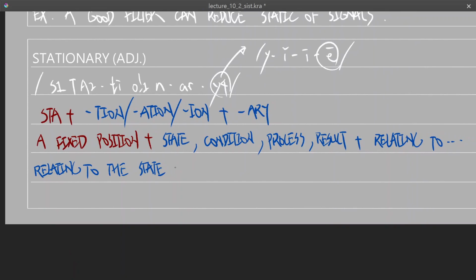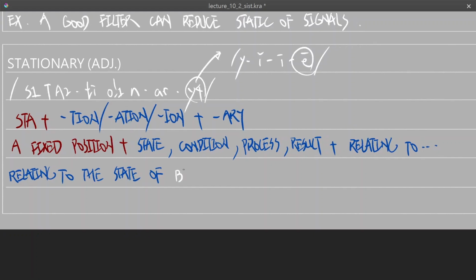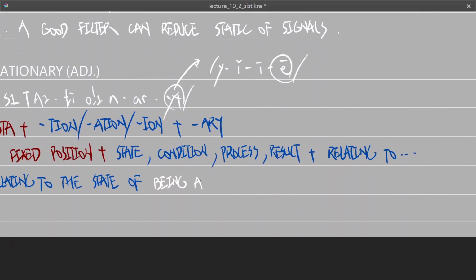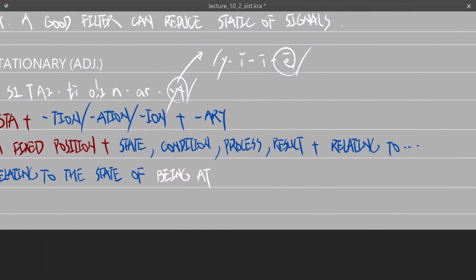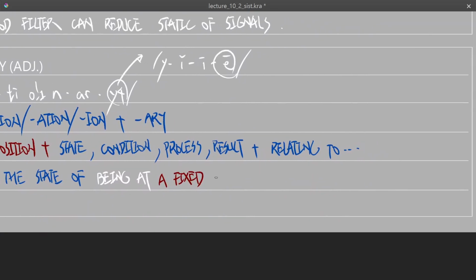Relating to the state of what? Of being at a fixed position.